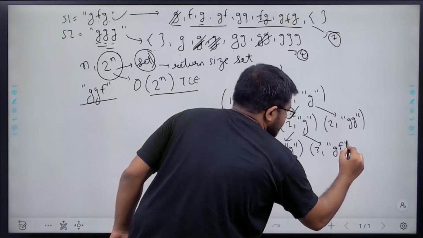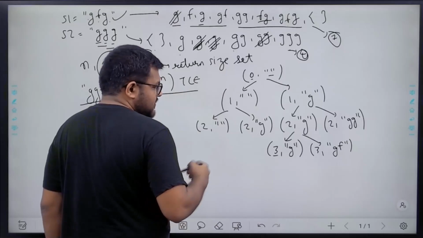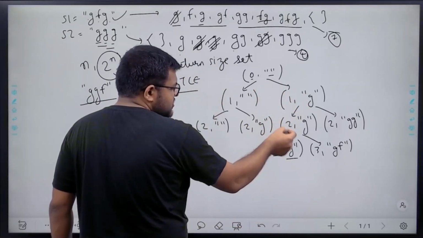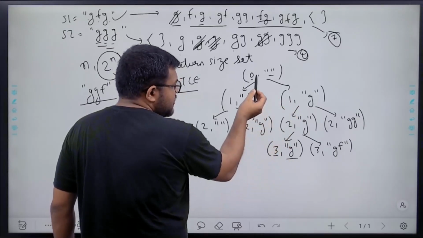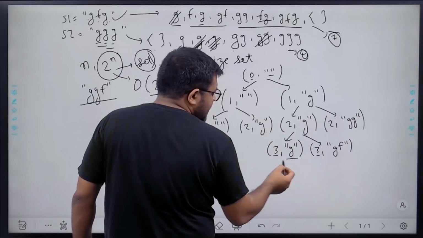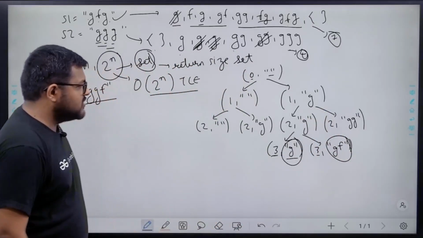Now I know that there is no index 3 because 3 is equal to the length of the string. So this is the subsequence generated on this path: take the element, not take the element, not take the element, take the element, not take the element, take the element. So whenever I get here 3, I will add this to my set. Okay, and in this way I can solve using recursion.